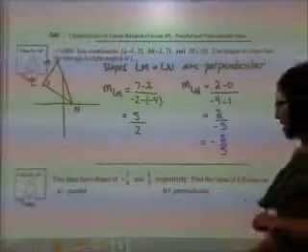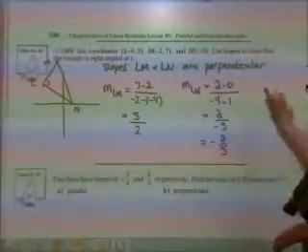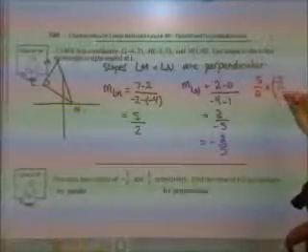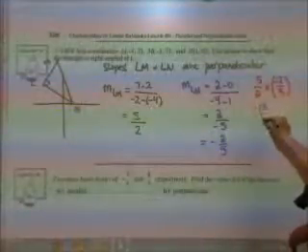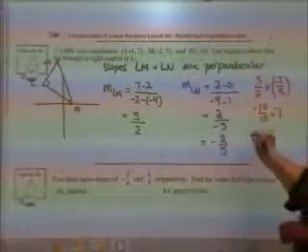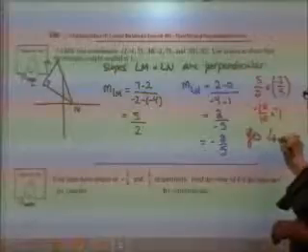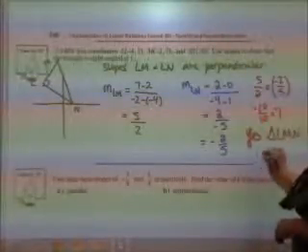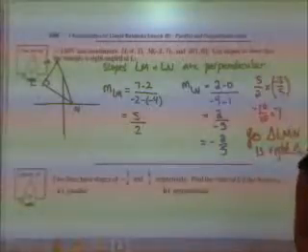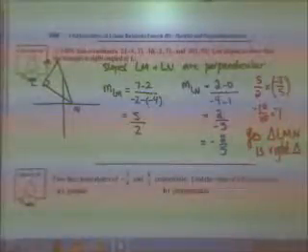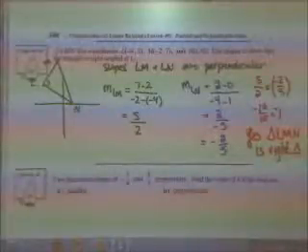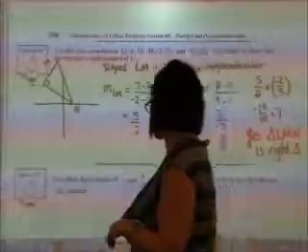Yes, they are. And the way that I can prove it is if I multiply them together, I get negative 10 over 10, which gives me negative 1. So yes, triangle LMN is a right triangle.